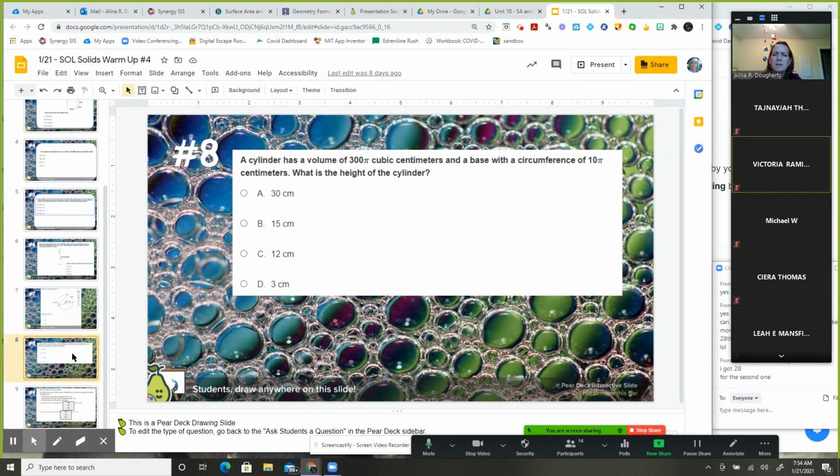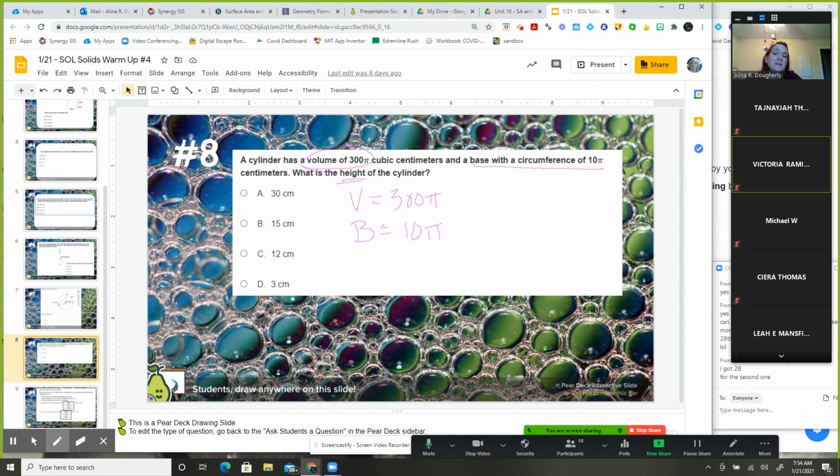All right, 2 more questions. A cylinder has a volume of 300 pi. So V equals 300 pi. And a base of 10 pi. So that's the big V equals 10 pi. What is the height?